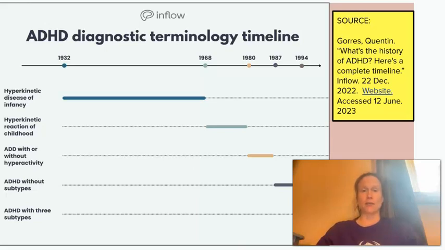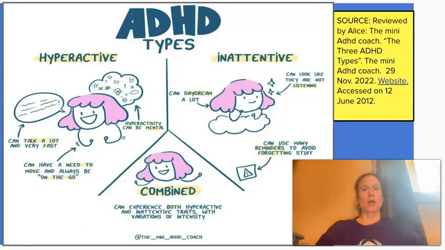And since 1994, it's been called ADHD with 3 subtypes. So let's talk about those subtypes. Hyperactive, inattentive, and combined. Now, this is a psychiatric diagnosis. It is not a self-diagnosis.